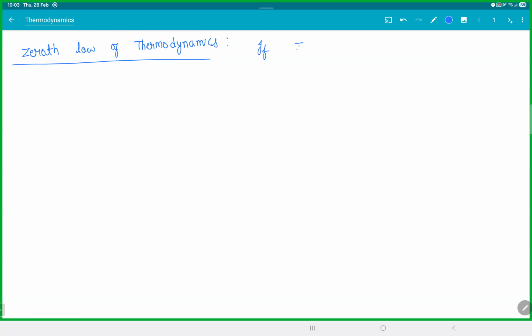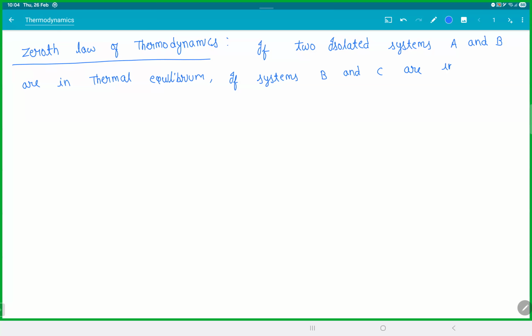If two isolated systems A and B are in thermal equilibrium, if systems B and C are in thermal equilibrium, then A and C are in thermal equilibrium.